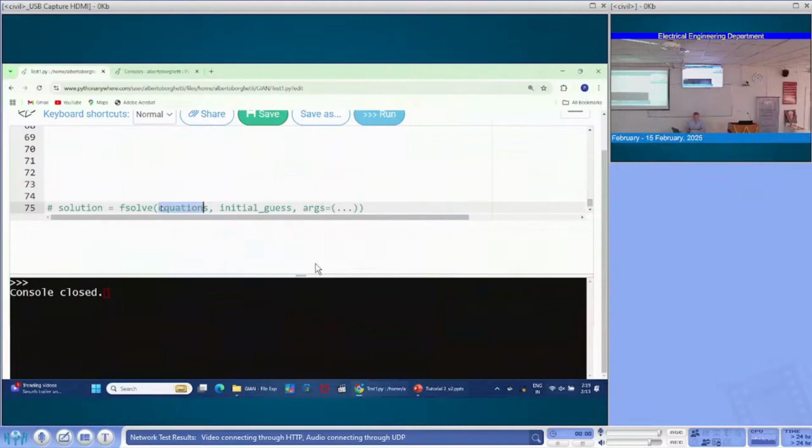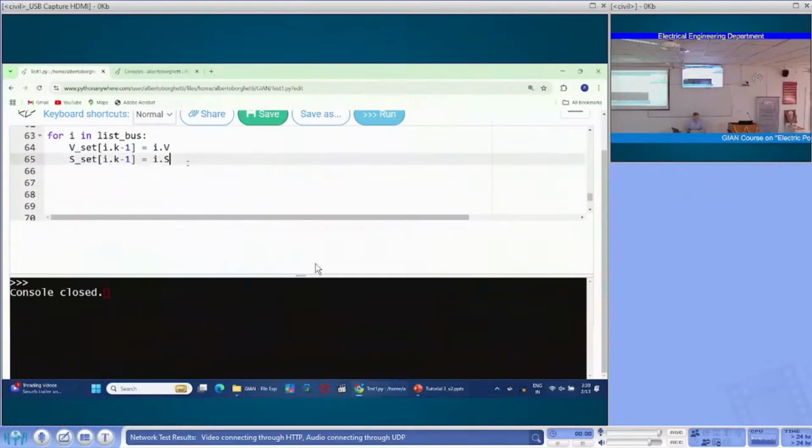So I will write this equation, how to put the equation inside a function. Do you remember how to write a function in Python? It is def, and then the name of this function. Since we have written equations, I will put equations here, but you can also use another name.